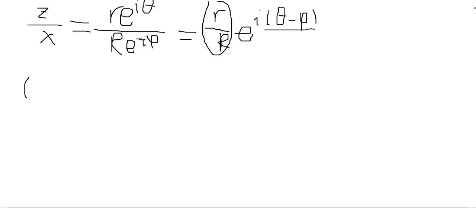Now let's return to the relationship that we stated before when we were doing the complex conjugate. If you complex conjugate a product of complex numbers, you will get the product of the complex conjugates of each complex number.